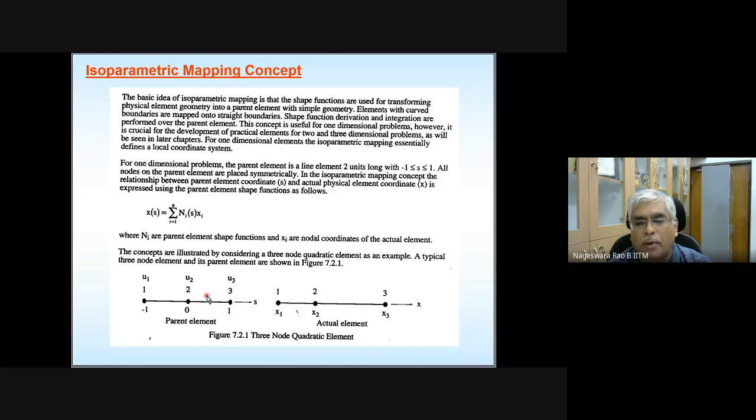So every point in the actual element is going to have one point in the parent element which it corresponds to. No 2 points in the actual element will have the same point in the parent element. Okay, so there should be one-to-one correspondence.